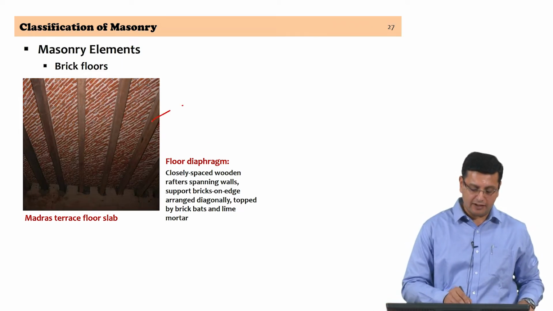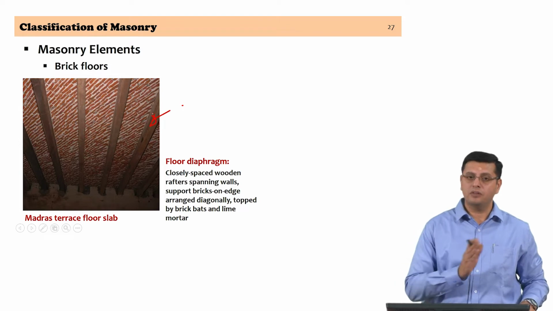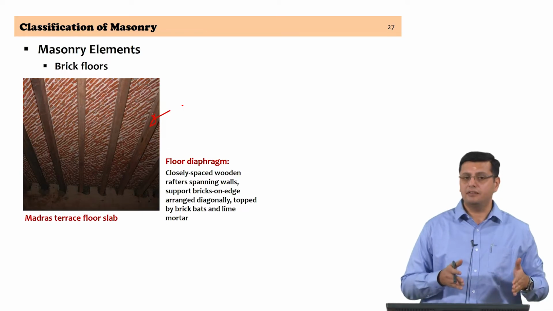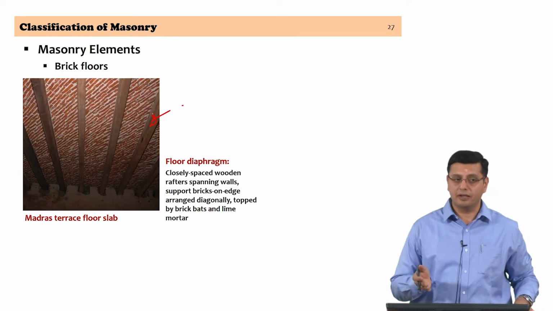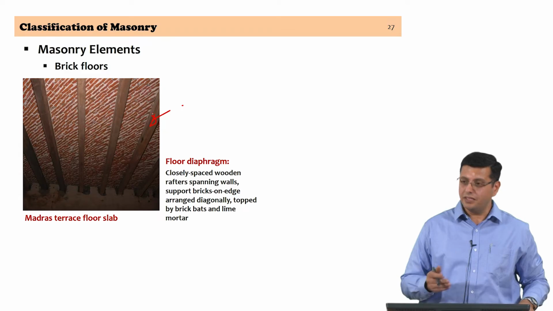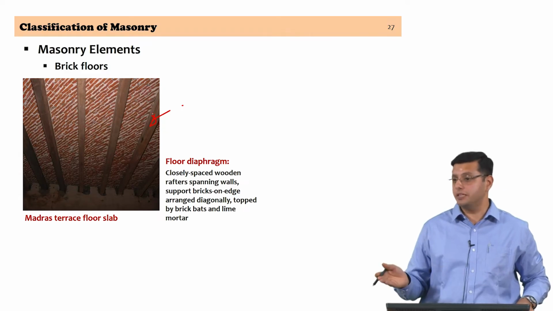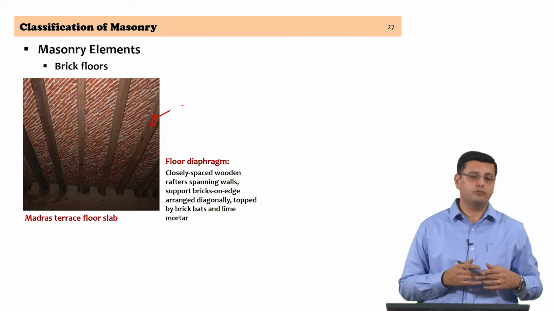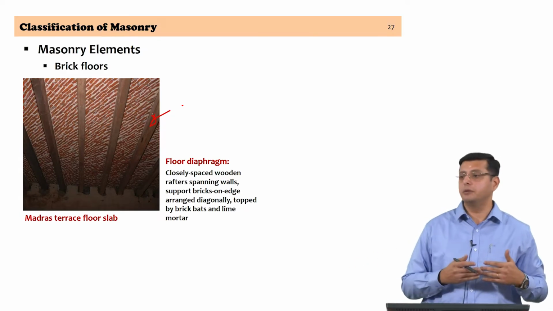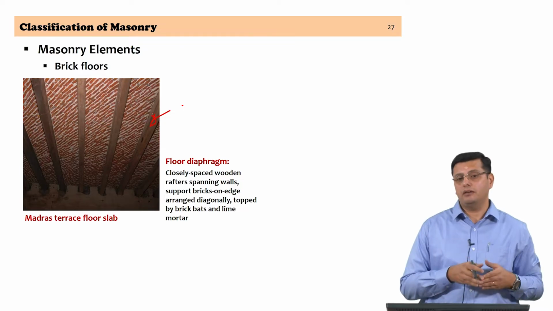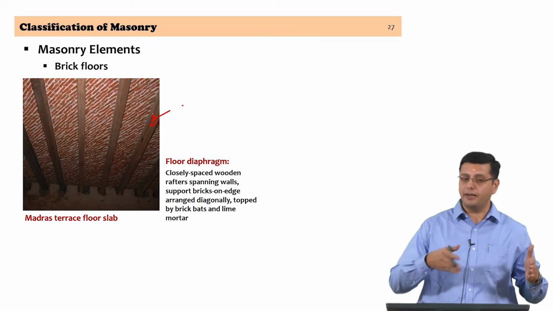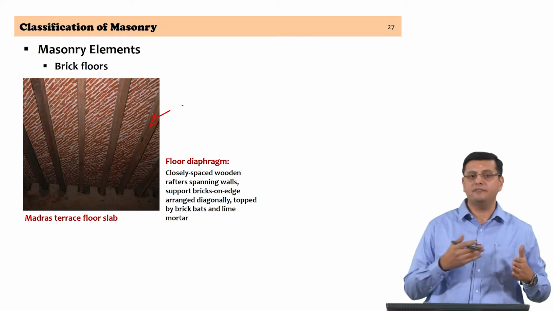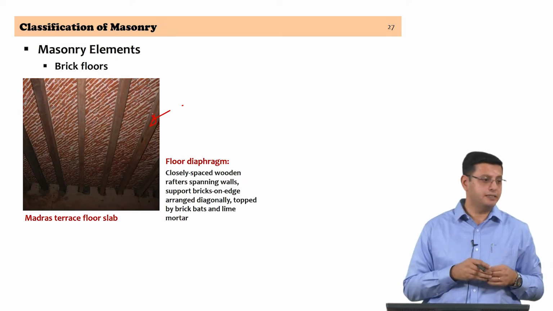closely spaced rafters. There are timber rafters, and these timber rafters are the main supporting system of the brick floor. These rafters may be roll steel joists in some situations, and if you have larger spans that have to be spanned with a brick floor, you would have roll steel joists in one direction, and in the orthogonal direction timber rafters or smaller steel sections.